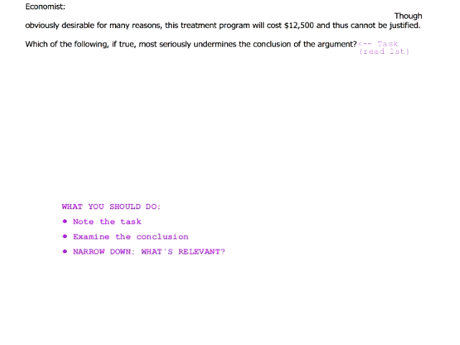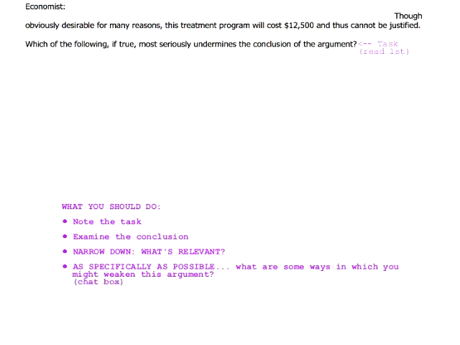And then if you have an idea of that, as specifically as possible, what are some ways in which you might weaken this argument? Go ahead and put those in the chat box and see what kind of ideas come out of this. As specifically as possible, what are some ways in which you might weaken this argument? I'll give you a bit of time to do that.